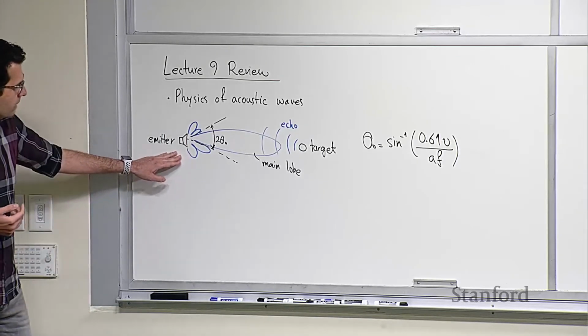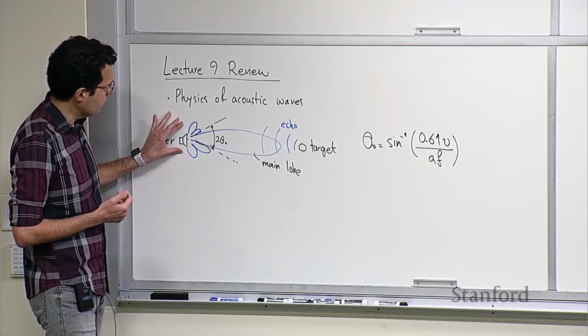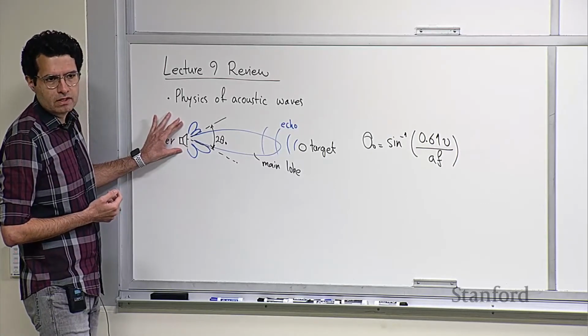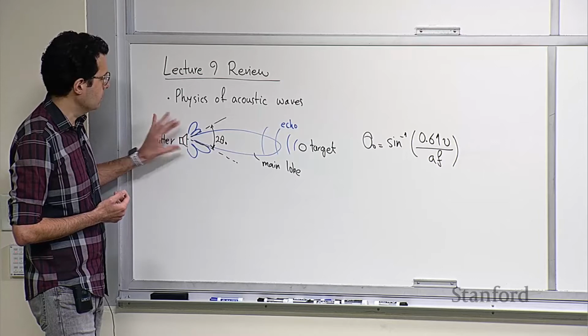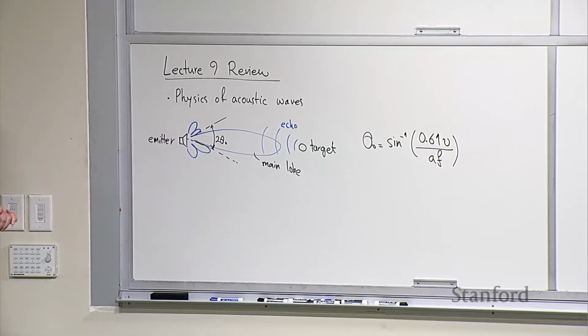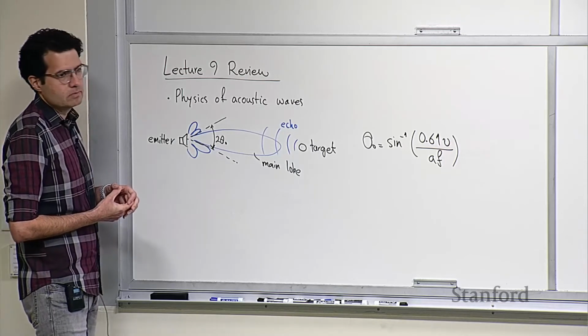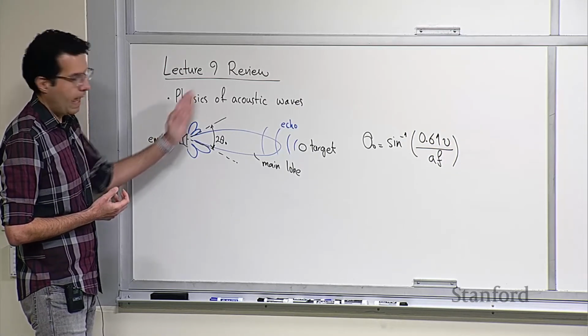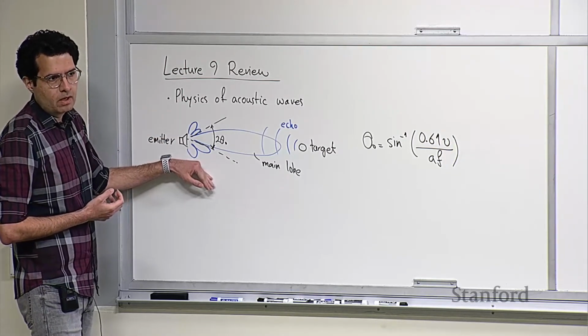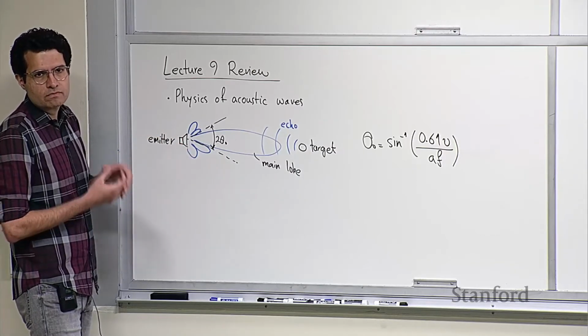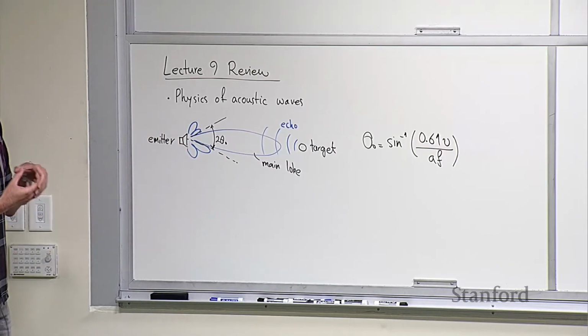And we showed that the beam pattern of the wave that is generated by an ultrasonic emitter, in general, the angular dependency of it, can be very well approximated by the Fourier transform of the shape of the emitter aperture, right?